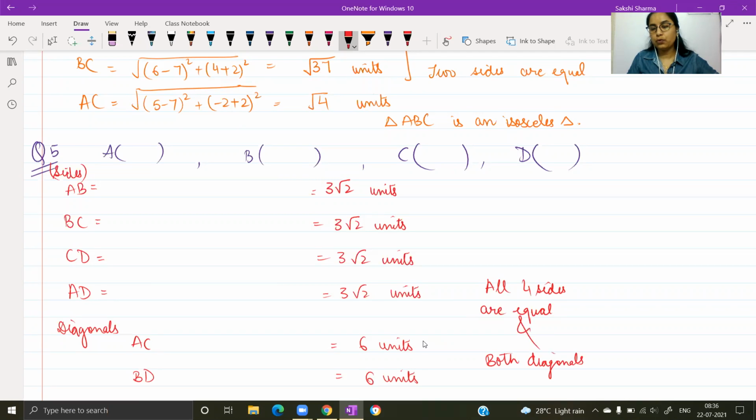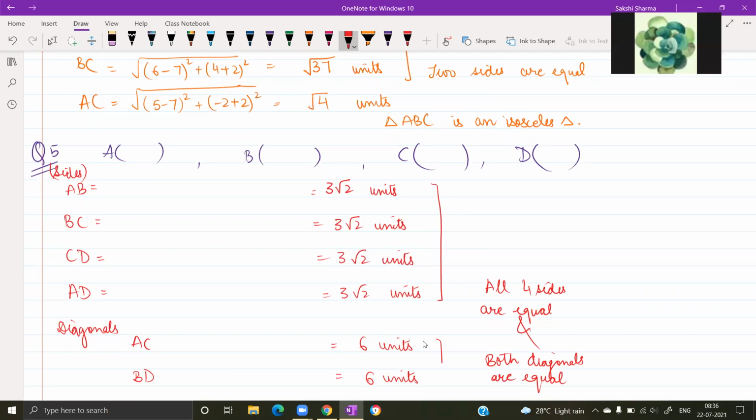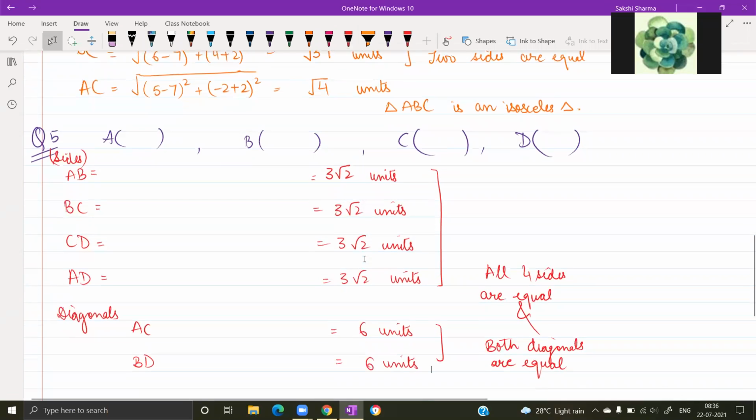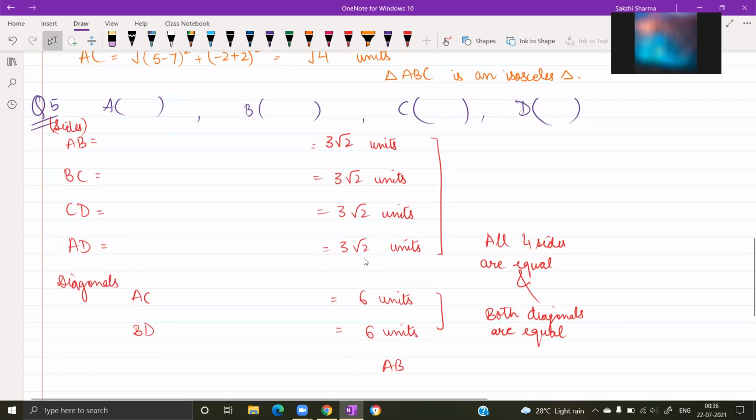So what do you conclude from here? All 4 sides are equal and the diagonals are equal. ABCD is a square. And who's correct out of the 2? Champa is correct.